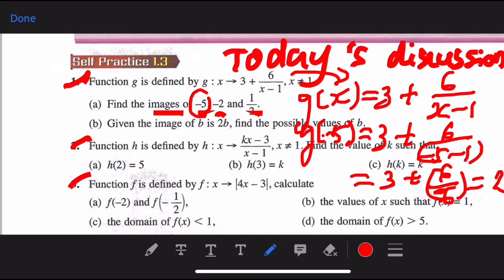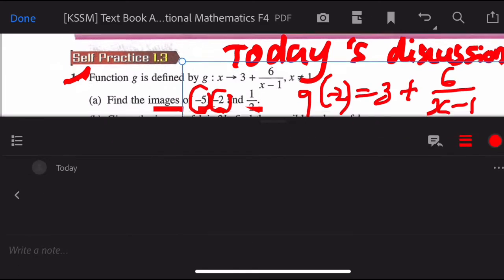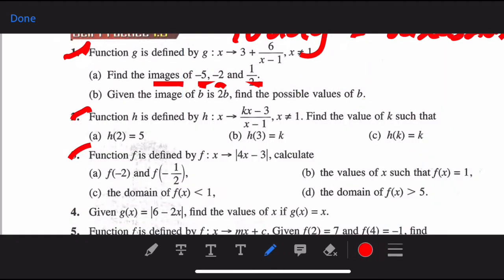Now for the next one, the object is -2. What you need to do is substitute the x with -2. So you will have the working like this.